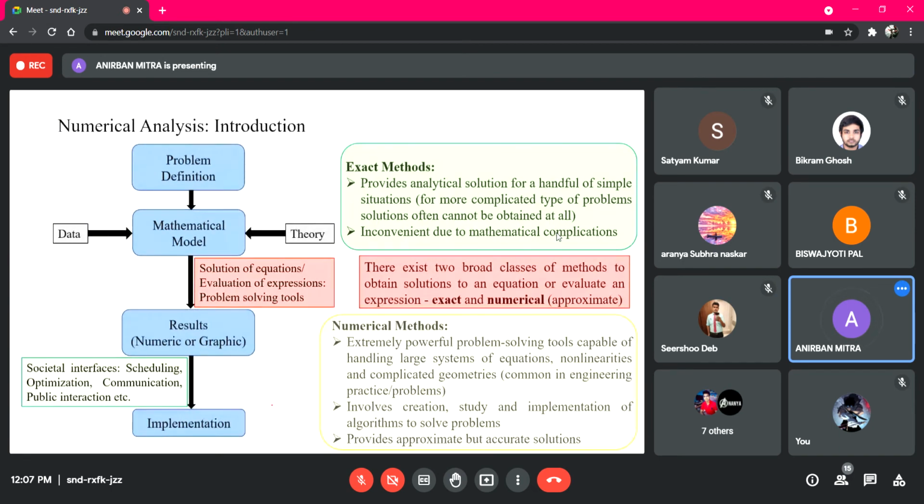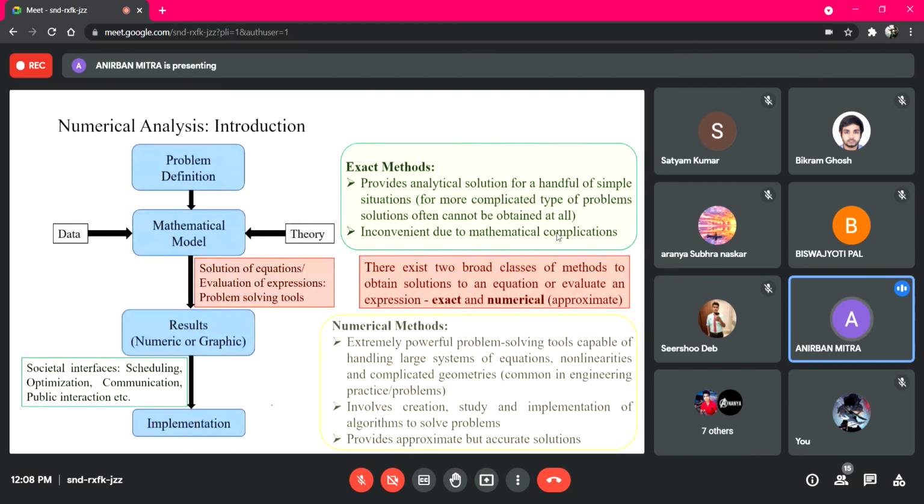The only option available there is the numerical method, which would provide you with probably not the exact solution, but an approximate solution with some errors, but those errors would be under certain acceptable limits.